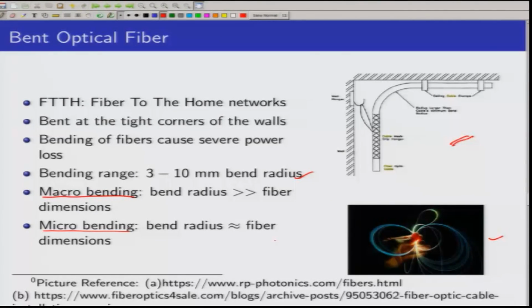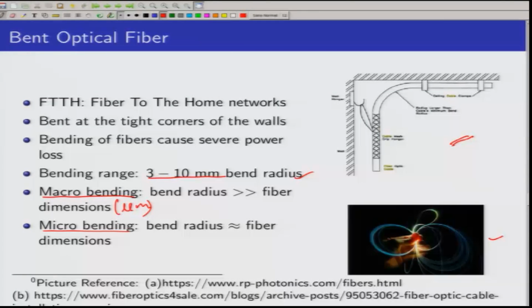We have seen in point number 4 that the bending range for FTTH applications is 3 to 10 mm bend radius. Clearly this value in mm is much greater than the fiber dimensions, which are in microns. So, these FTTH bendings come under the category of macro bending.